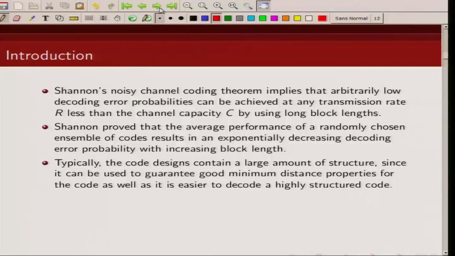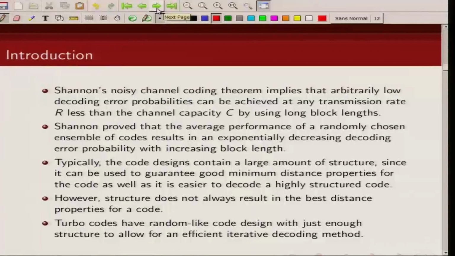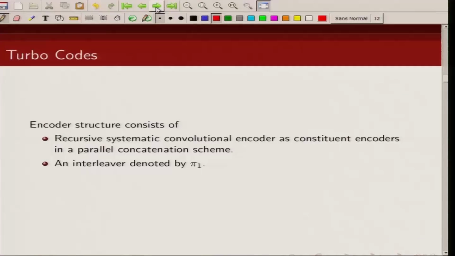Now, turbo codes are a class of codes which are random-like, and we will show you how this randomness arises because of the inherent interleaver structure in this parallel concatenation structure, and there is enough structure in the code which allows us to do efficient decoding of these error correcting codes.